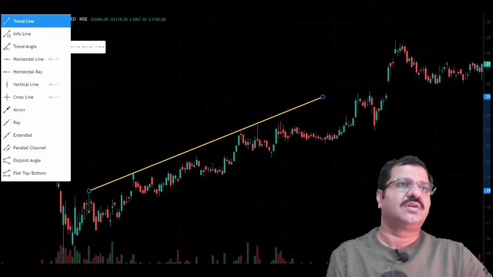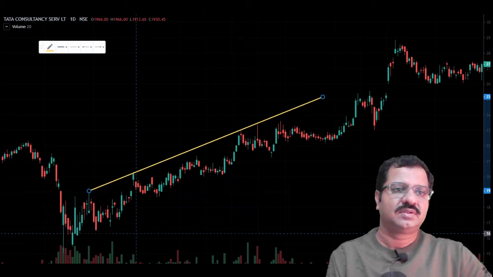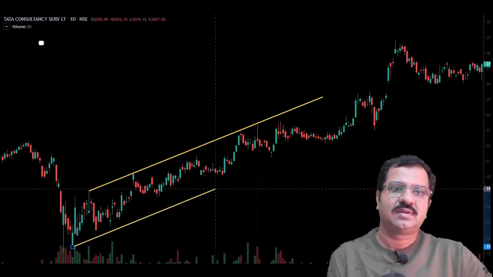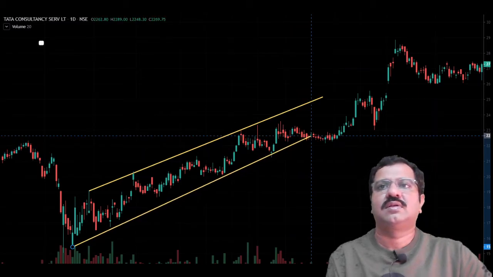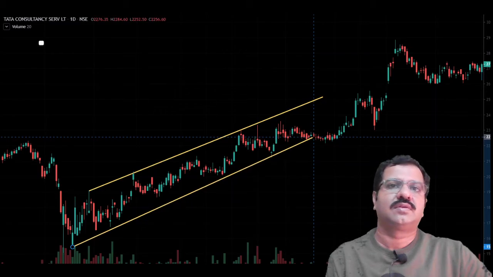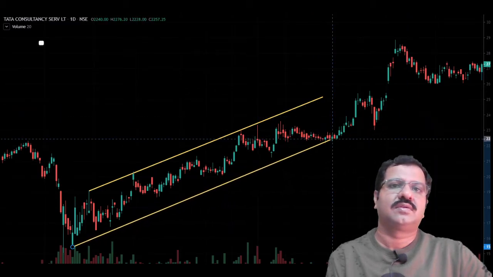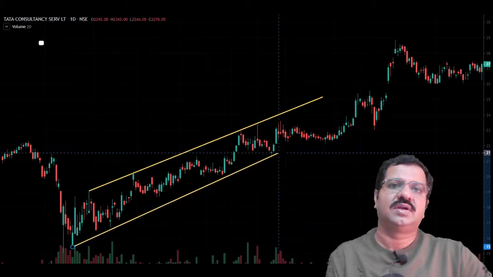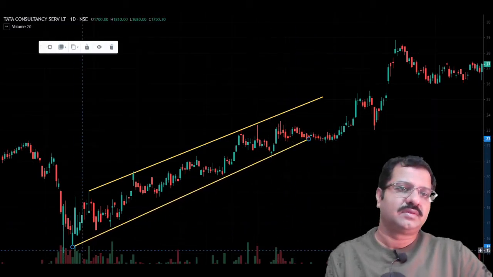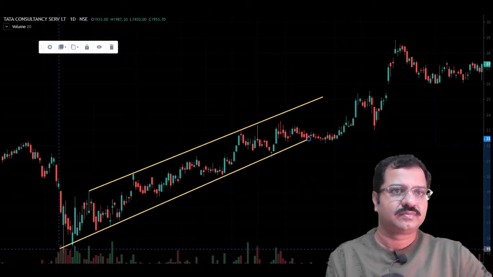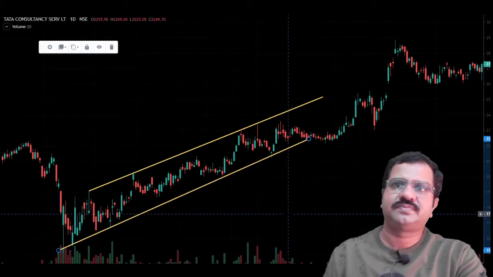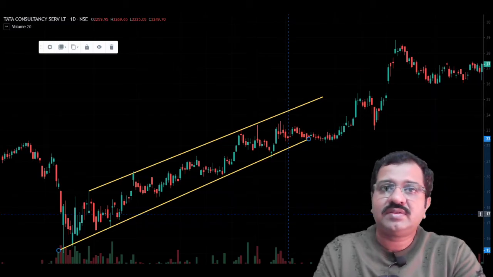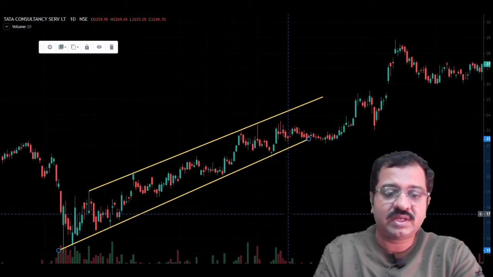I want to draw the other trend line also. Till here only I will draw. Now just observe this, and trend lines work very well many times.